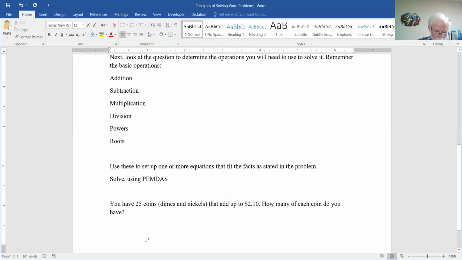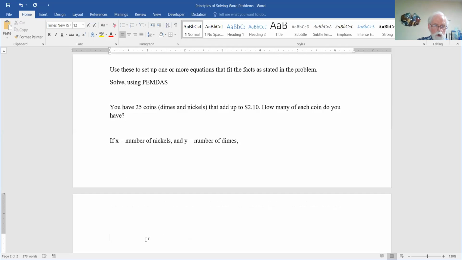So you know, if X equals the number of nickels and Y equals the number of dimes, then we know that X plus Y equals 25. Why? Because we have 25 coins. Okay, so that's easy to see.